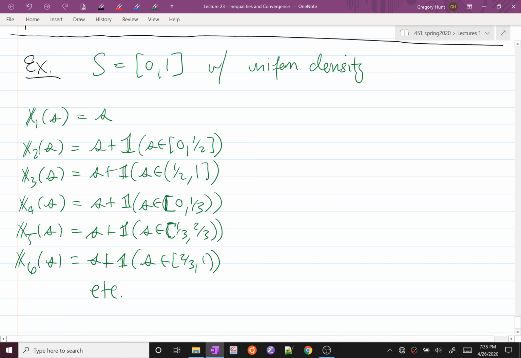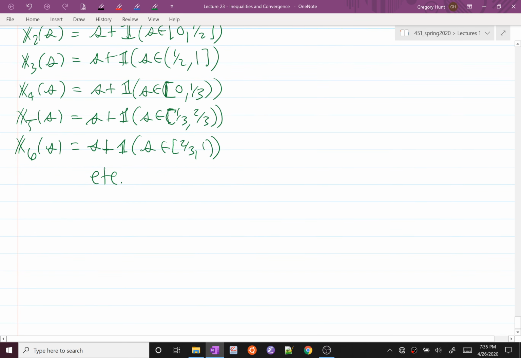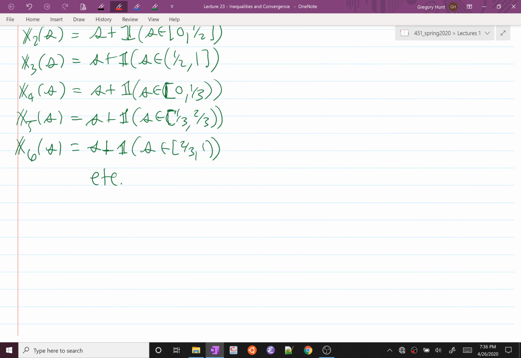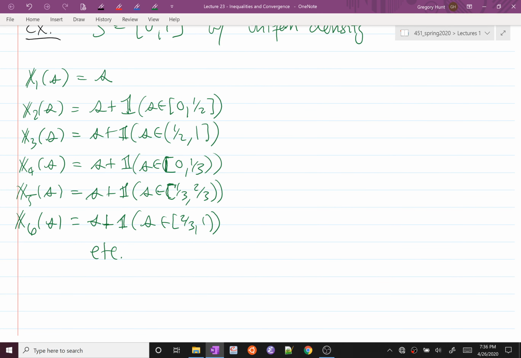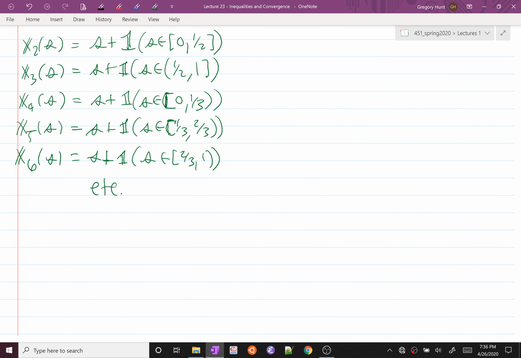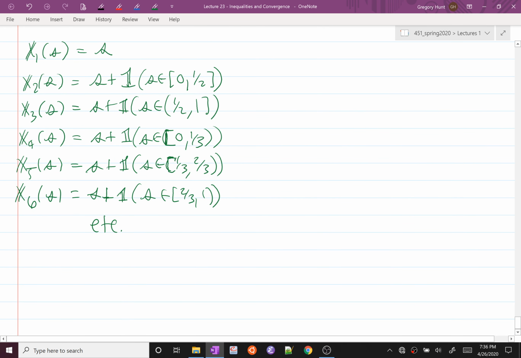So the functions look like this: x1 is just the value s, and x2 is s plus 1 if it's in the first half, and s if it's in the second half of the interval.